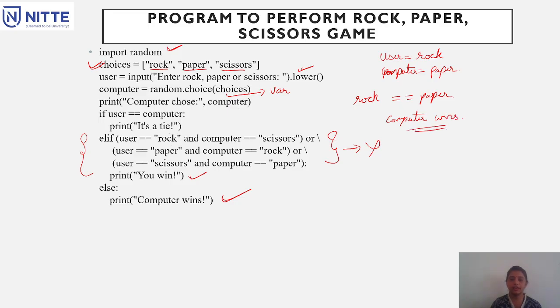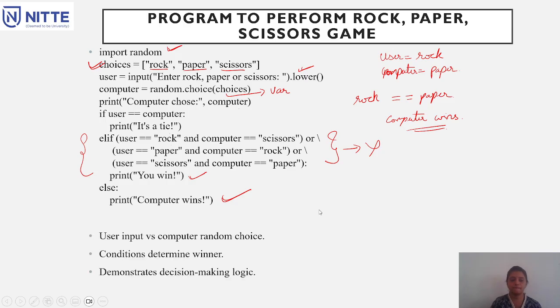A simple game which is very interesting to do in Python coding. You can see here, user input versus the computer choice is taken. The condition to determine who is the winner is taken using if statements, demonstrating the decision-making logic we learned using this program.